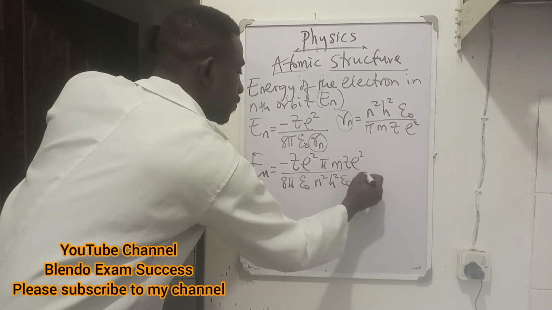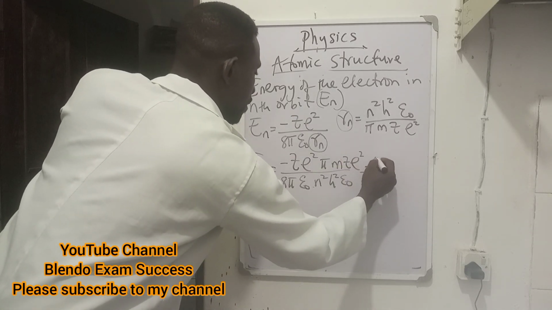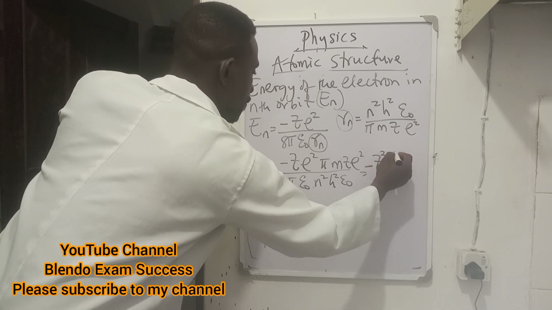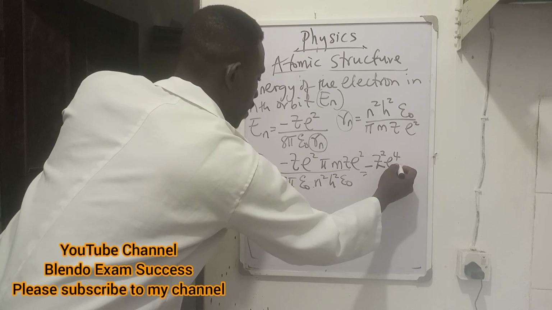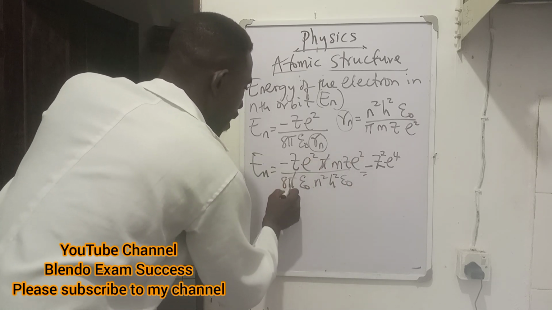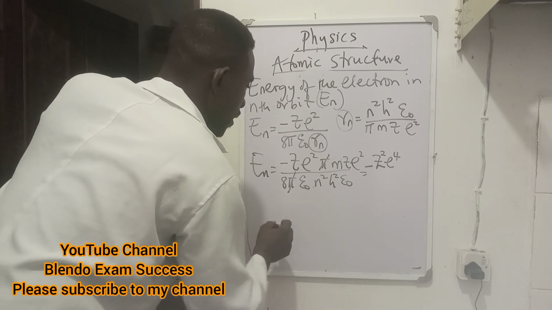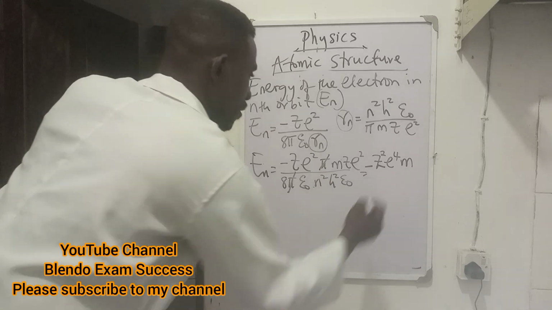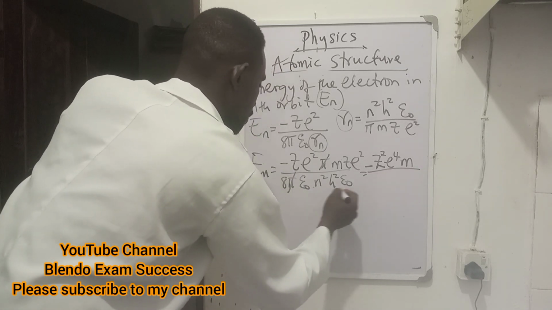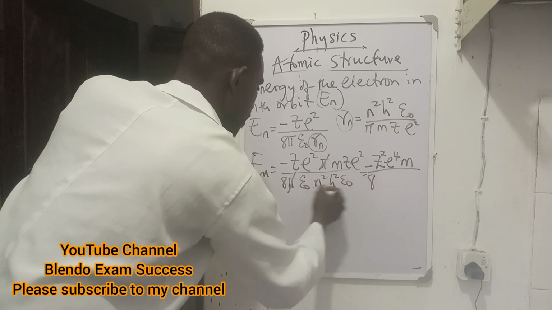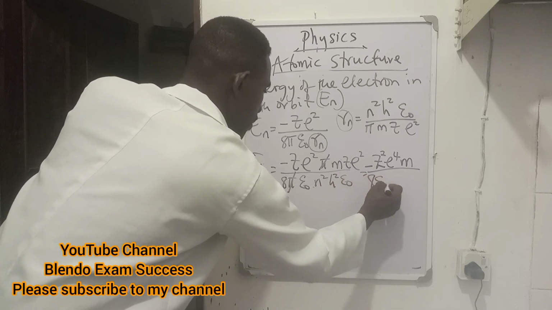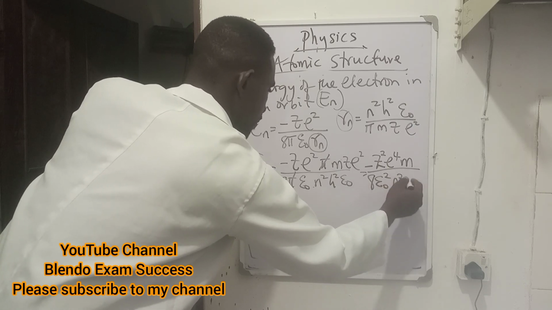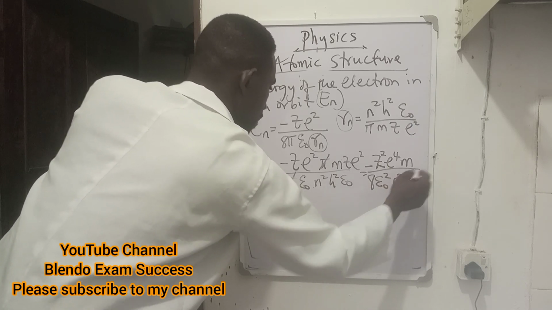So that we have minus Z squared e4, okay, pi cancels out pi, m, divide by 8 epsilon naught squared, n squared, then h squared.